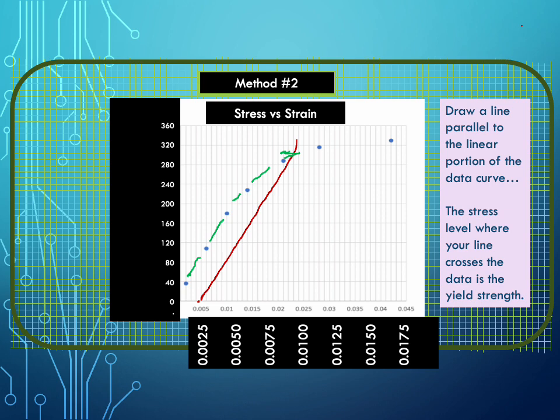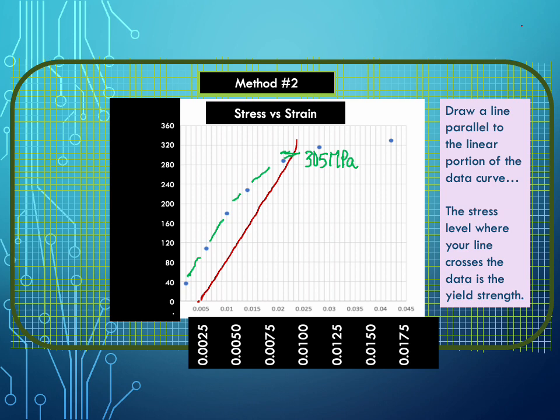It should be a little bit more than 300, a little bit more than halfway between 280 and 320. So I'm going to call that 305 for yield strength.